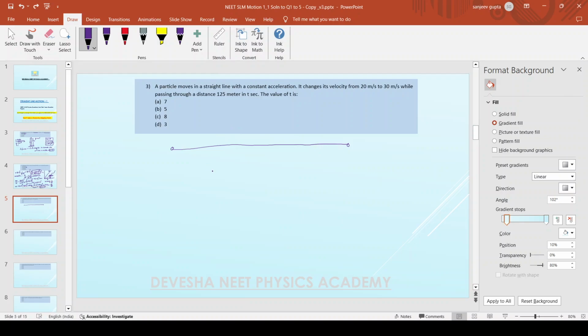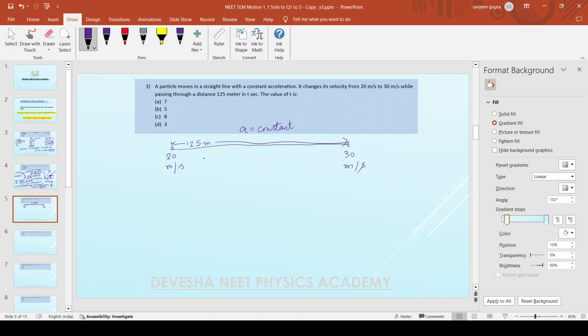Acceleration is not given to us, but acceleration is given to be constant. So it means acceleration is not changing. The initial velocity here is 20 meters per second, and the final velocity here is 30 meters per second. And what is the distance between them? The distance between them is given to be 125 meters.